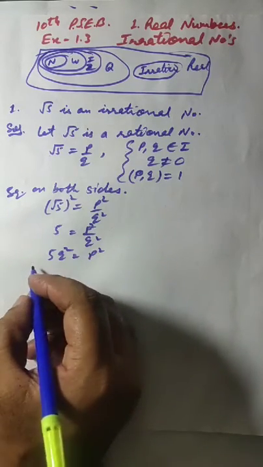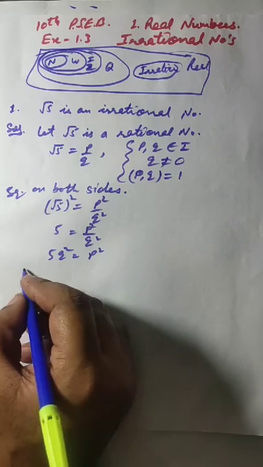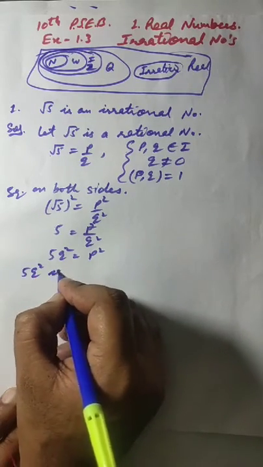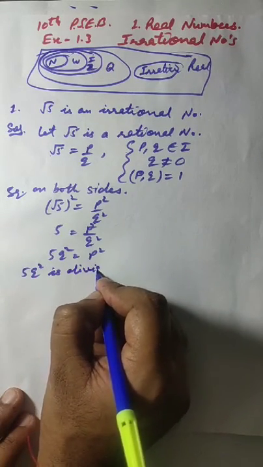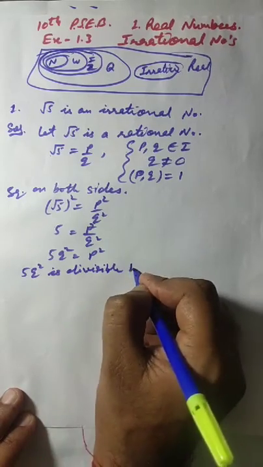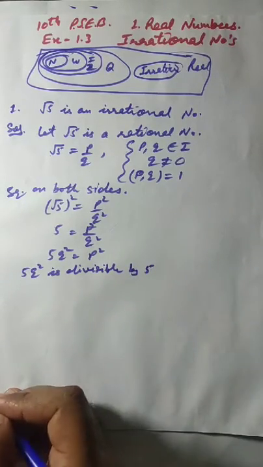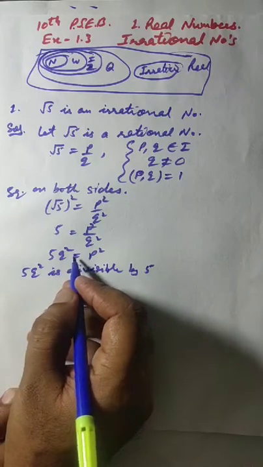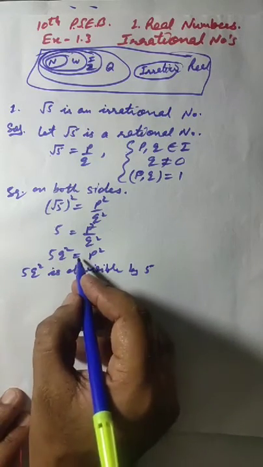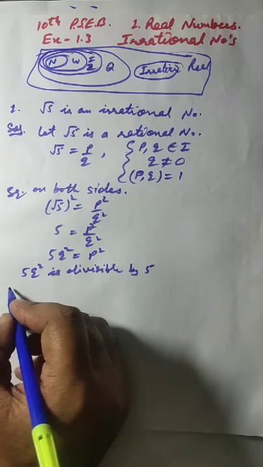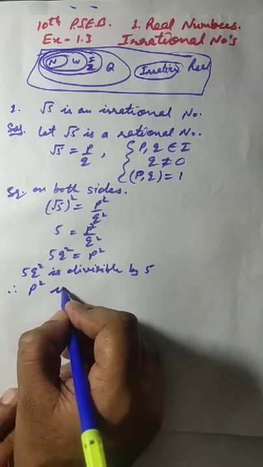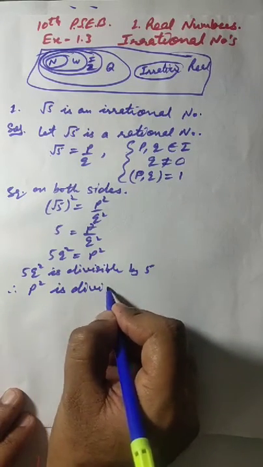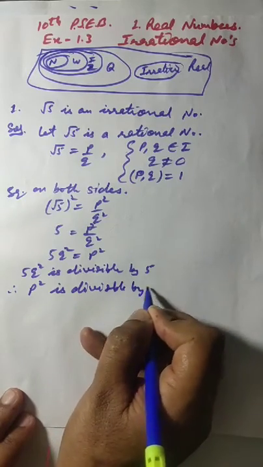That means the left hand side, 5q squared, is divisible by 5. If the left hand side of an equation is divisible by 5, then the right hand side, therefore p squared, is divisible by 5.